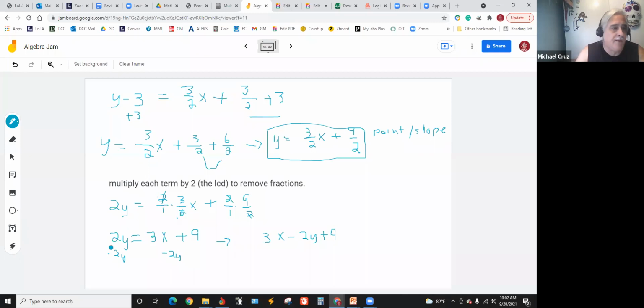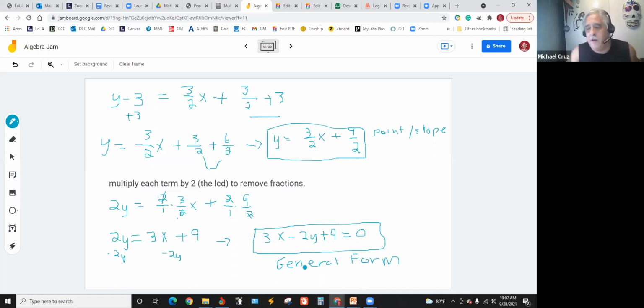And the 0 technically is over here, but if two things are equal, you can switch sides without any problem. So there we go, this is what they call the general form. This one's a little bit longer than I thought it would be.